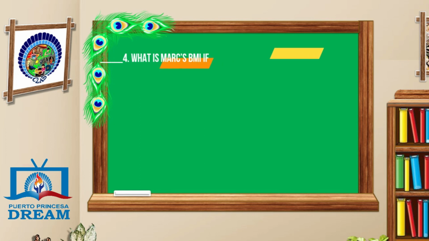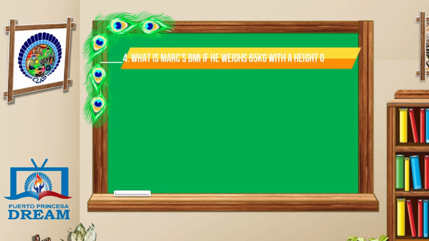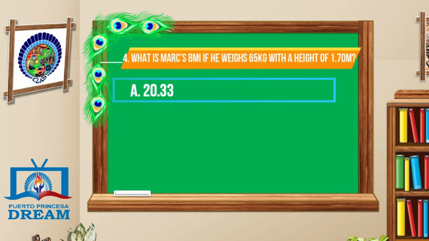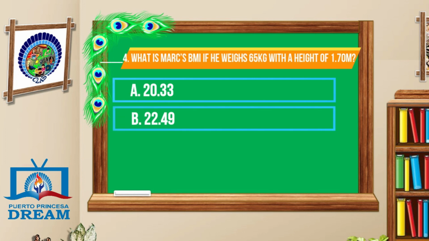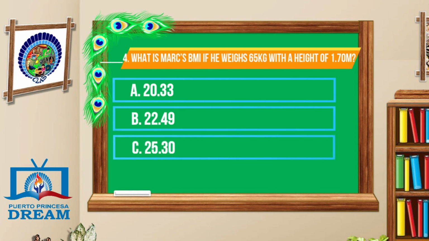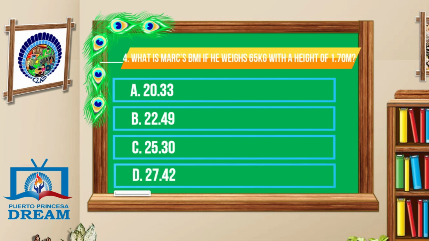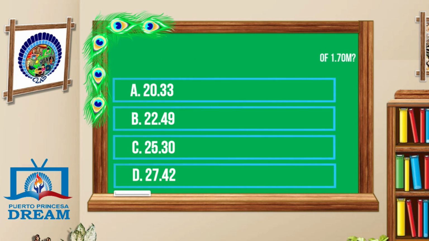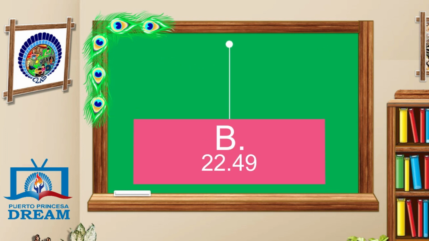What is Mark's BMI if he weighs 65 kg with a height of 1.70 meters? A. 20.33. B. 22.49. C. 25.30. D. 27.42. The correct answer is letter B. 22.49.